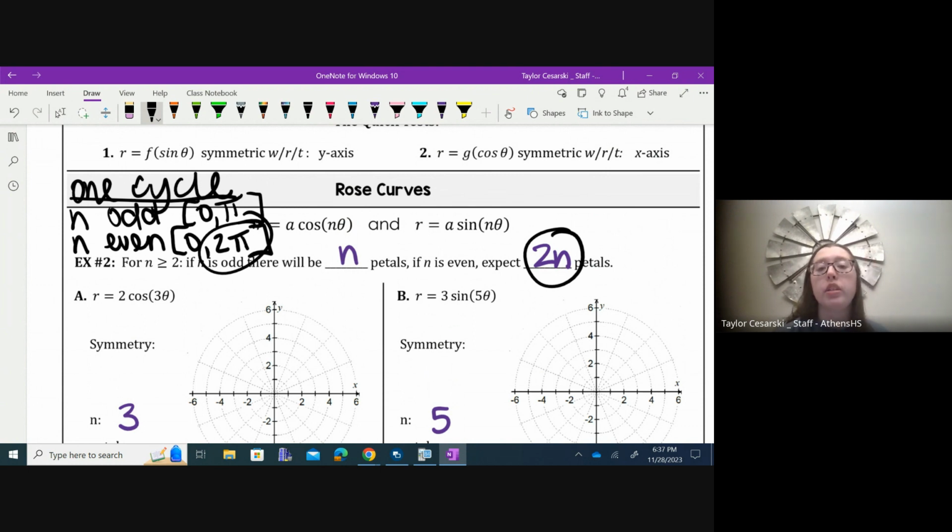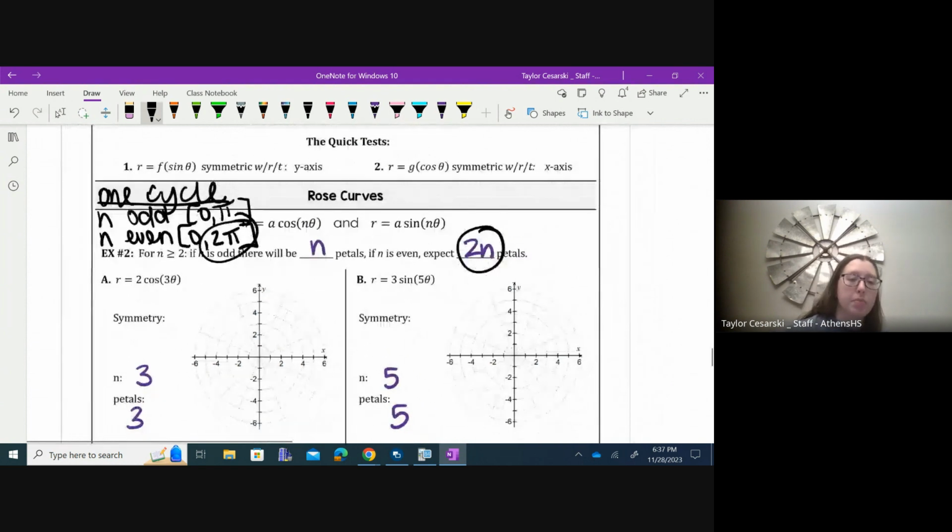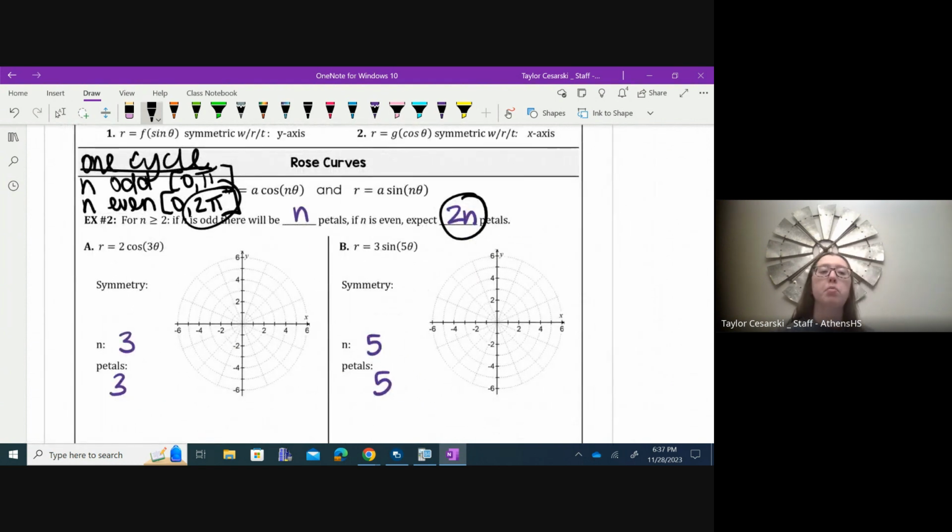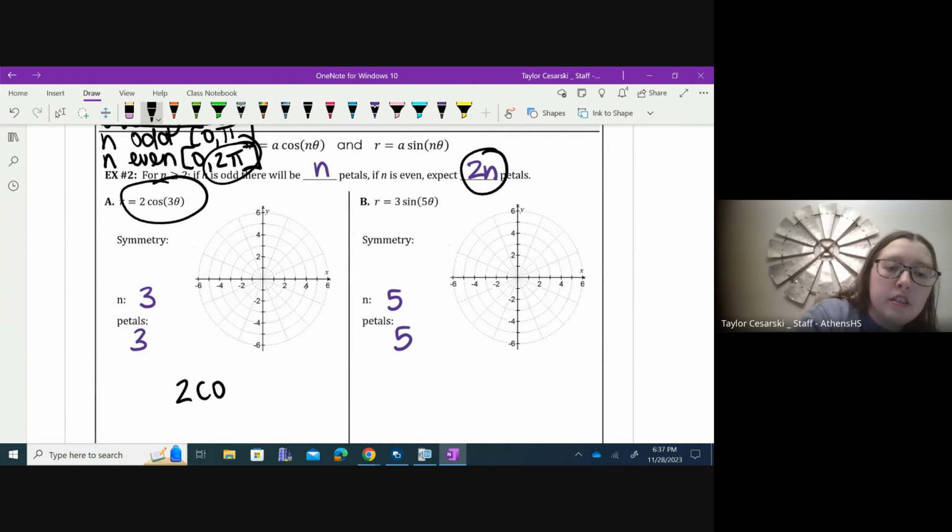So remember, polar is only on multiple choice. So I'm not going to ask you to graph something like this by hand, but you should be able to recognize, if this is a multiple choice question and I give you something like this, that I'm looking for a rose curve that has 3 petals. You can also always pick a point to plot. If I picked 0, for example, that would give me 2 cosine of 0.